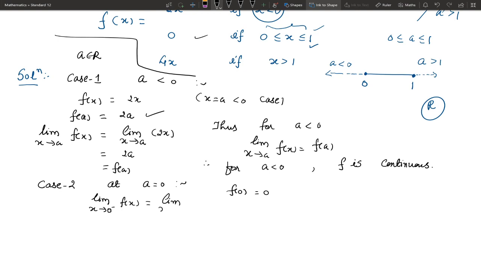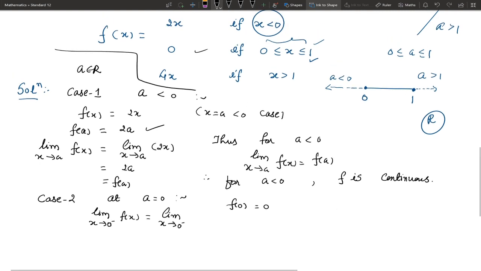So x tends to 0 minus, so x is less than 0, so value of the function f of x equals 2x.